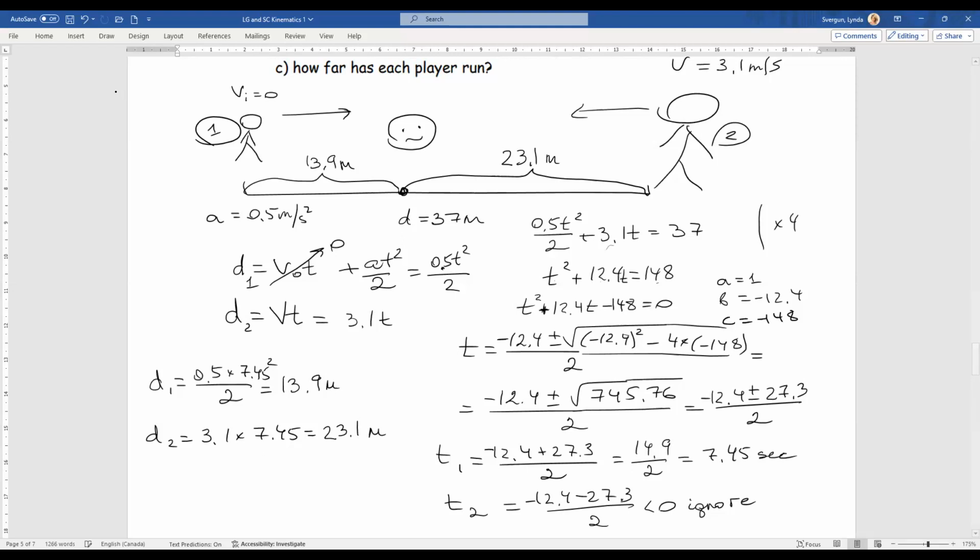And if you check, yeah, so 37 meters they run.